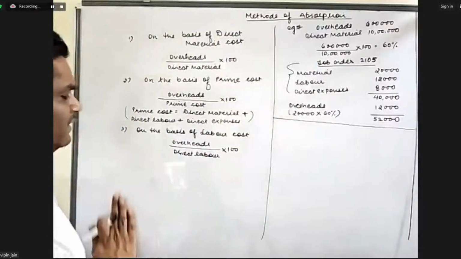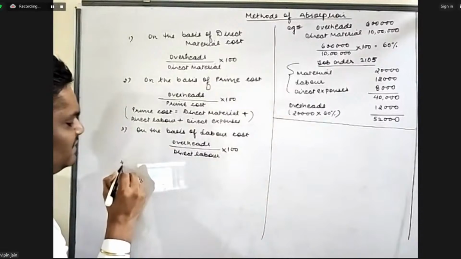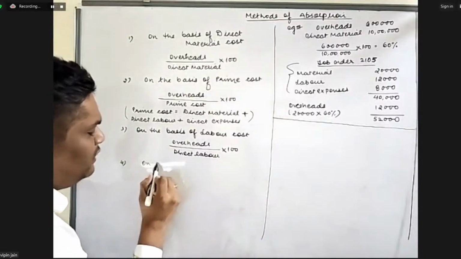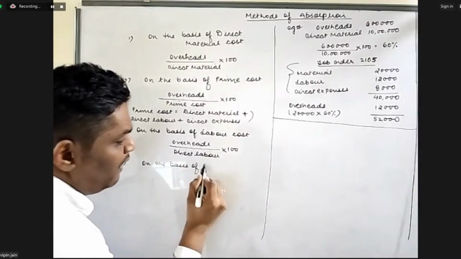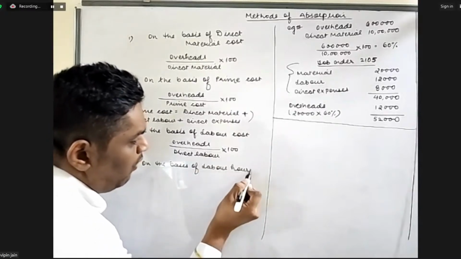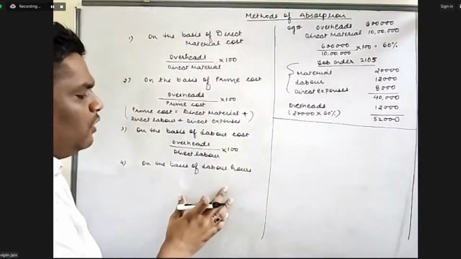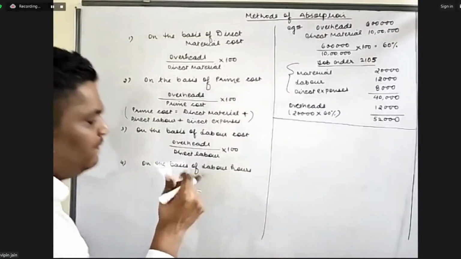Now let's proceed further. The best method of absorption of overhead, if the question is silent, is on the basis of labor hours. This is the best method of absorption of overhead. If the question is silent, you have to apply this method.